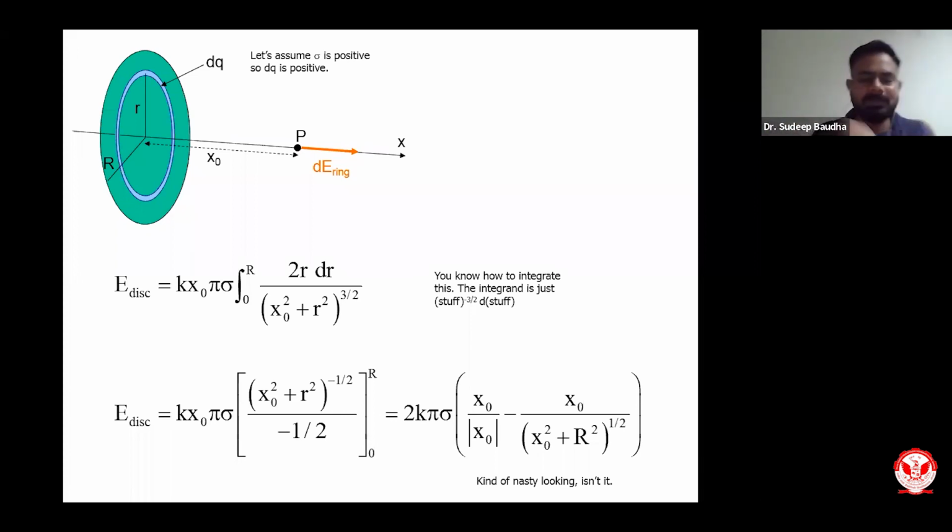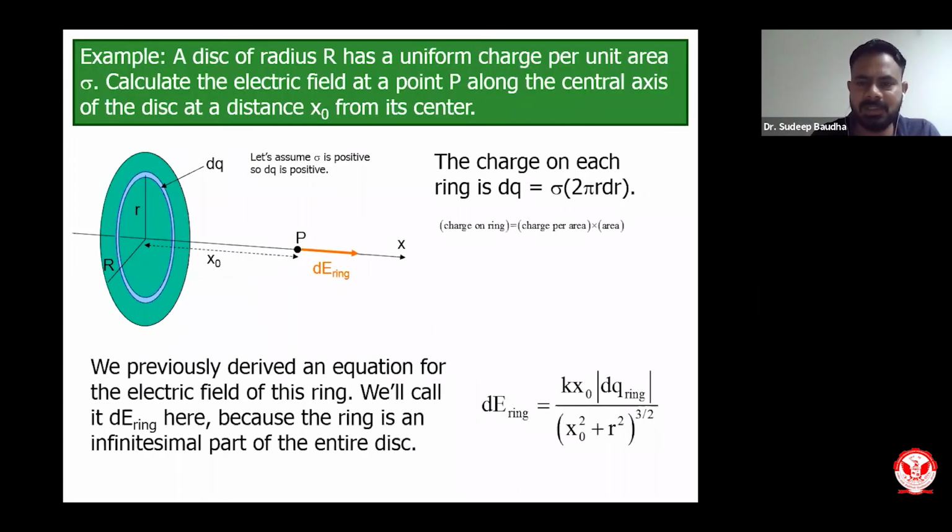So any questions with this? I hope the concepts are very clear. They are simple in nature. What I have done in this case is that I have already derived the electric field due to the ring, and then I have expressed that electric field in terms of the charge per unit area, which was already given.